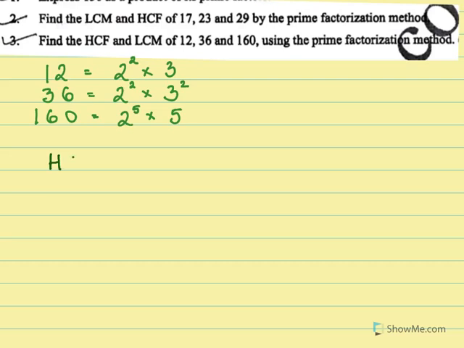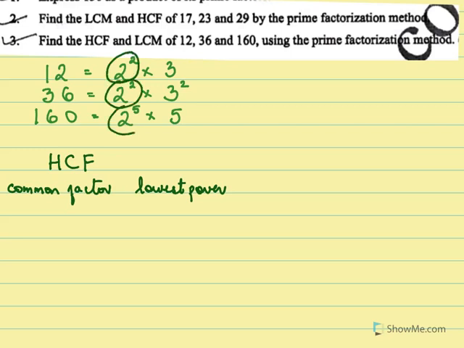Now we are going to find the HCF. To find HCF, we write common factors and lowest power. The common factor you see is 2 in all. There is 2 here, there is 2 here, and there is 2 here.